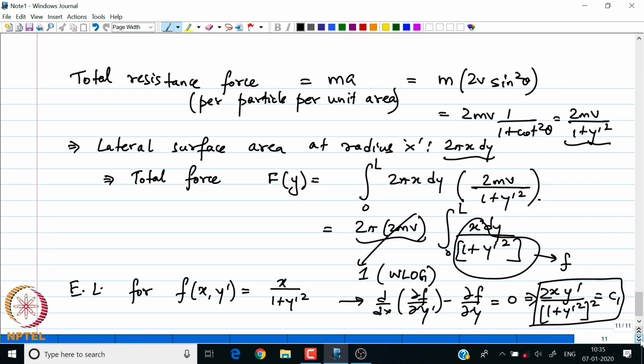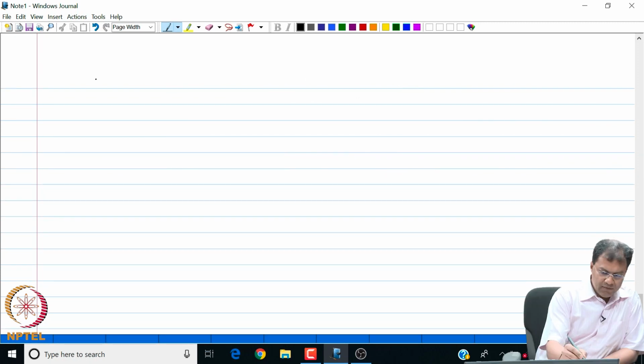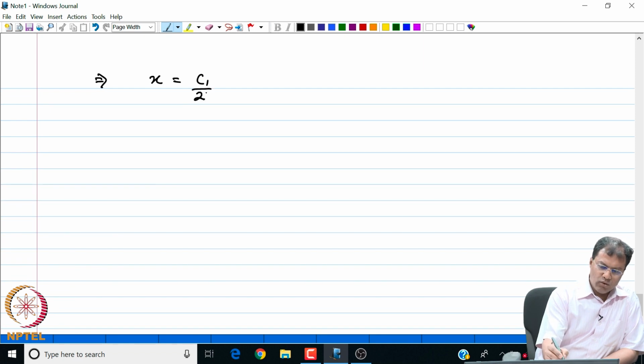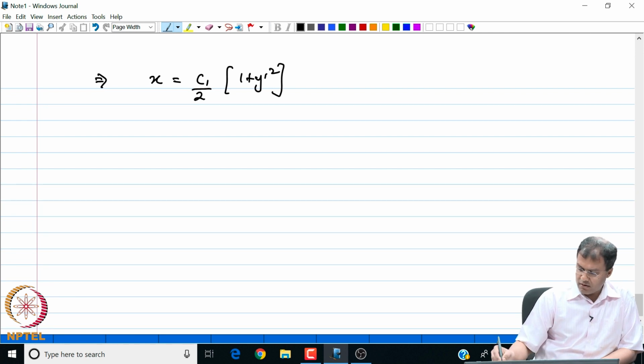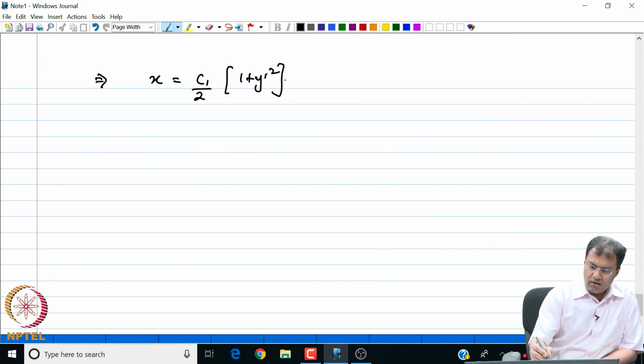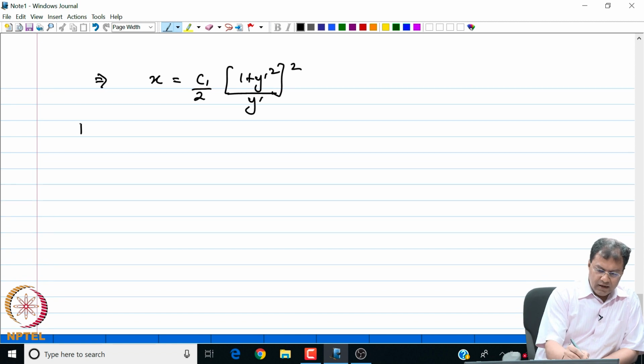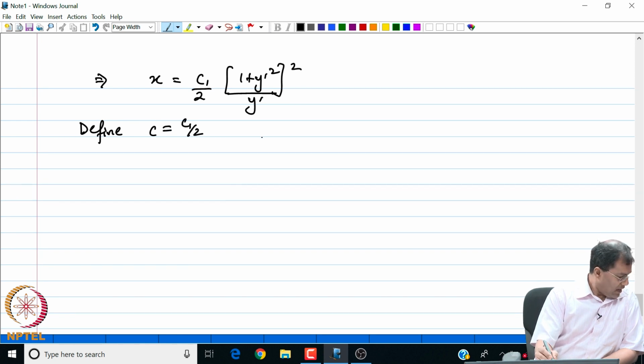To solve that, what I have is the following. This means that my x is C1 by 2 times 1 plus y prime square, whole square, by y prime. So, let us now introduce a new set of constants. Let me say that my constant C is C1 by 2 and my function u is negative y prime.